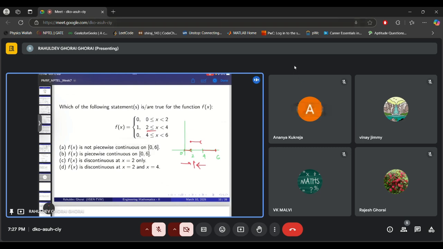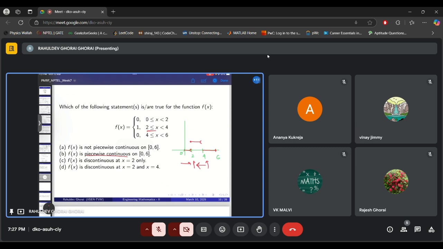So at 2 it is not continuous. Similarly, you can see at 4 also it is not continuous. So f(x) is a piecewise continuous function, because on each interval, from 0 to 2, or let's say from 2 to 4, it is continuous if you take the open interval.